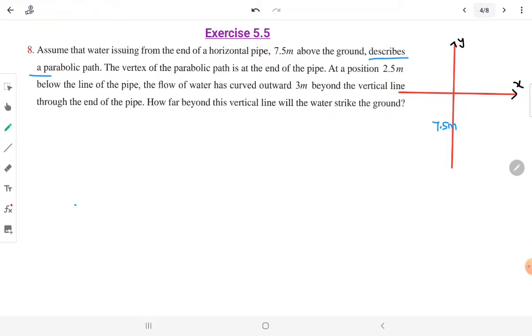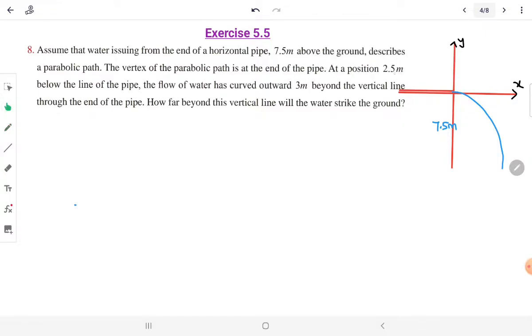The water describes a parabolic path. So this is like a water pipe, and from this water pipe, water is issuing. Consider that the water comes like this in a parabolic path.